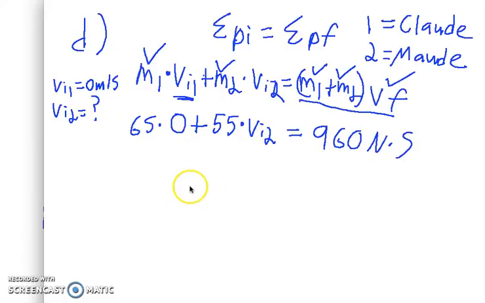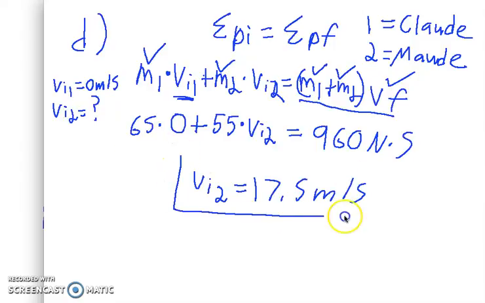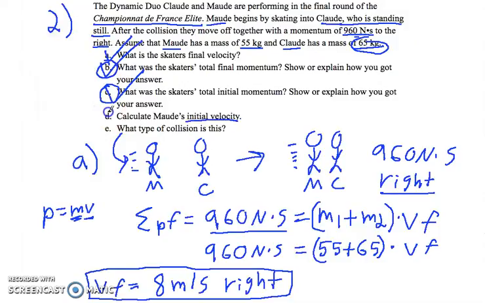Solving that out, the initial velocity of Maud, this should be a 2, is 17.5 meters per second. So that's D, Maud's initial velocity.